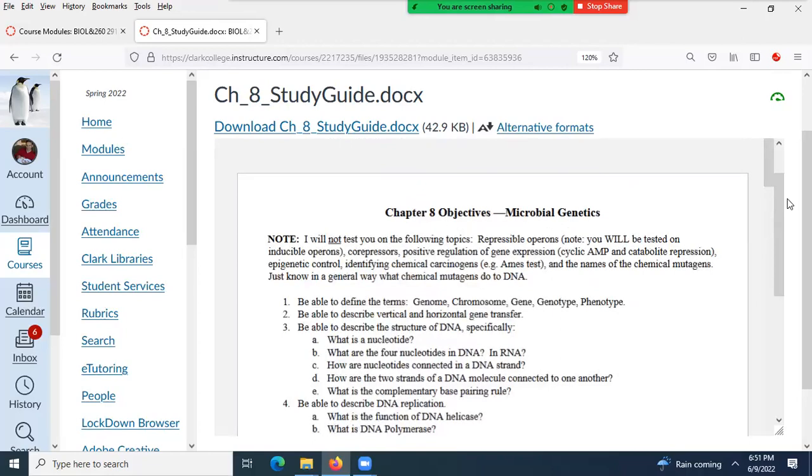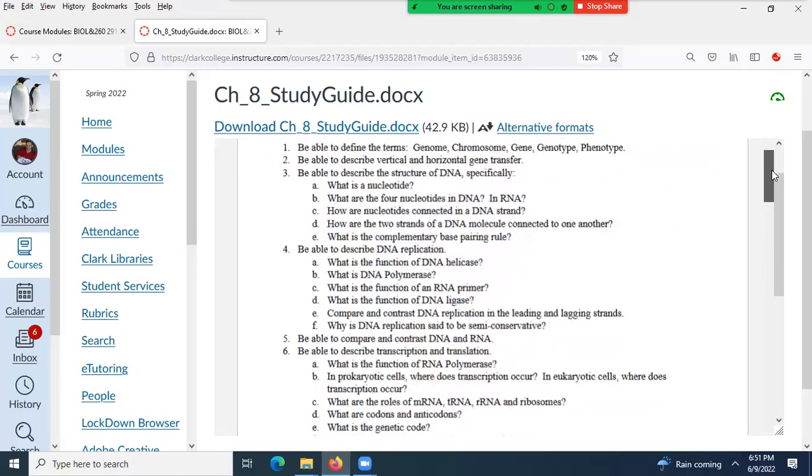All right, be able to describe the structure of DNA. What is a nucleotide? There are 4 nucleotides in DNA. You should be able to name them or their initials. There's 4 in RNA. Remember that thymine is not in RNA, it's in DNA, and it's replaced by uracil. Describe how the nucleotides are connected in DNA. The DNA strand is held together by covalent bonds between the sugar and the phosphate links. So one strand of DNA is held together by covalent bonds.